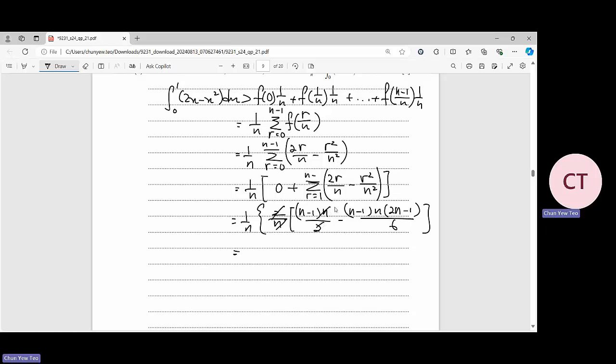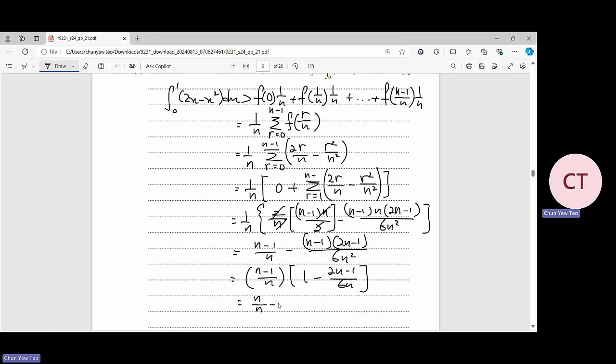Oh, sorry, supposed to be like this. So this one will be n minus 1 over n minus, oh, I forgot to put the n squared here. So this one will be n minus 1, 2n minus 1 over 6n squared. So you can see that I can factorize the n minus 1 over n out. I have a 1 minus 2n minus 1 over 6n.